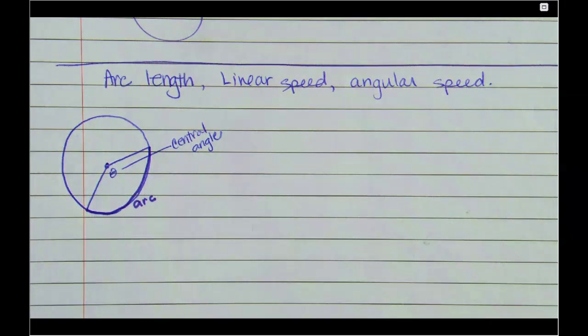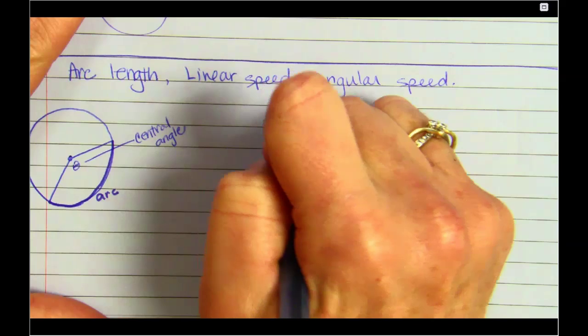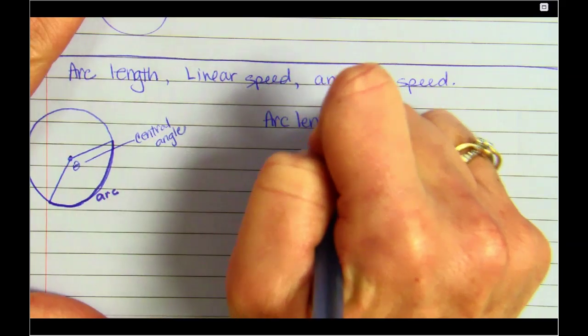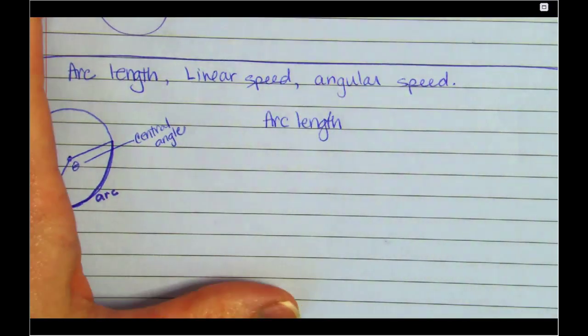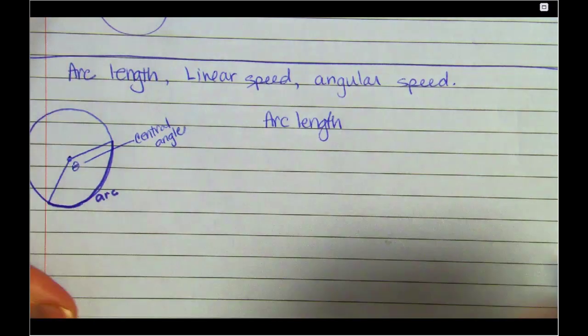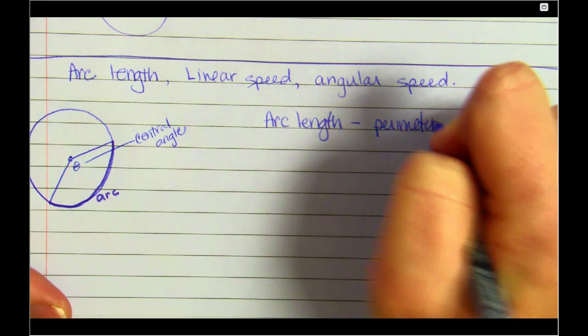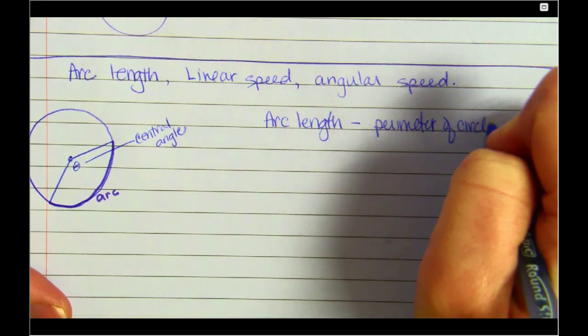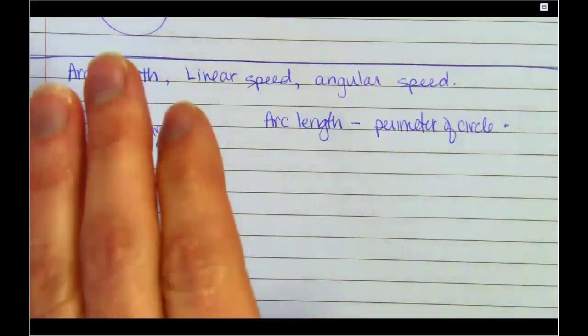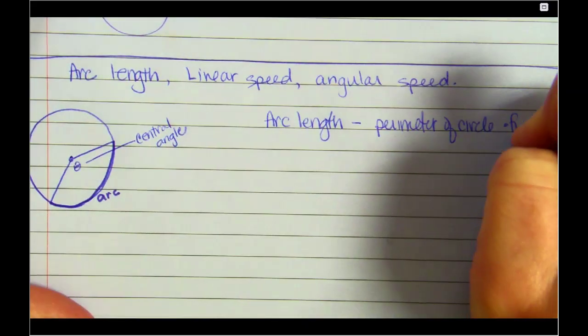It's weird that arc is measured in degrees, or even radians sometimes, but we want to turn that into actual length. It needs to be measured in inches or whatever. So your first formula is a formula for arc length. Arc length is the perimeter of the circle times the fraction of the circle traveled.